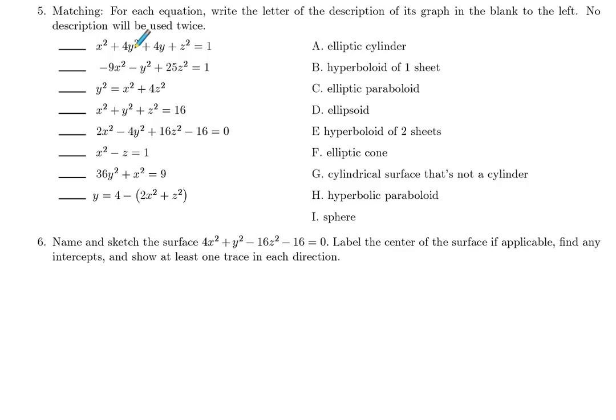So my first thought is that this is going to be an ellipse, or I'm sorry, an ellipsoid, which is choice D. And all we would have to do is just double check to make sure that the 1 doesn't go away when we complete the square on this.